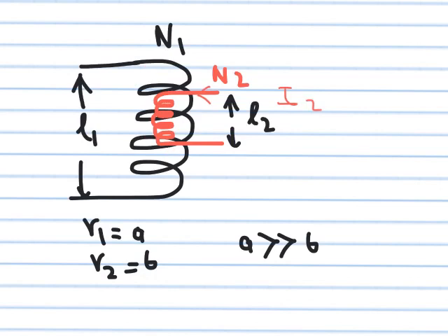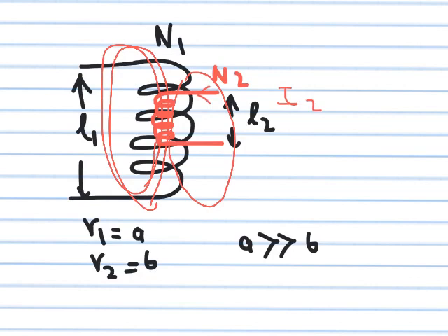If I were to draw it, the field has a very complex distribution, and it's not going to be easy for you to handle. If I draw that magnetic field, it looks something like this. You can see the magnetic field changes significantly in the cross section of the bigger coil. So calculating it analytically would be extremely difficult.